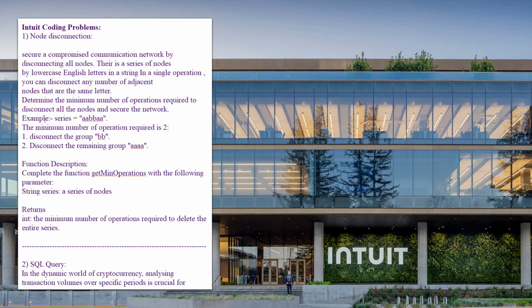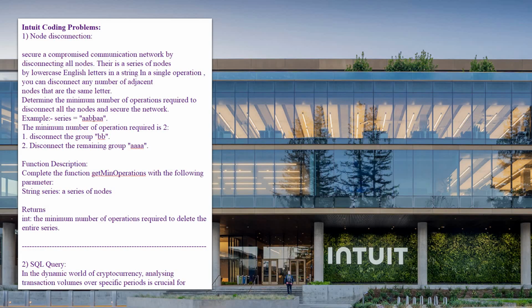For example, the string series is given as AABBAA. You need to check how many operations are required to remove all these nodes and make it a secure network. The adjacent nodes need to be removed.